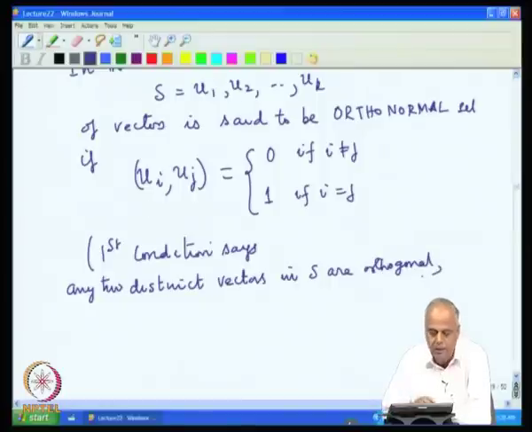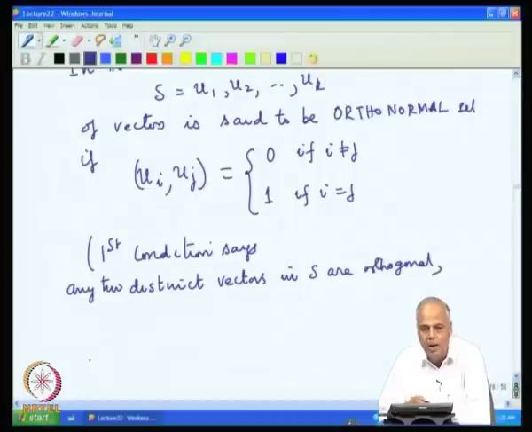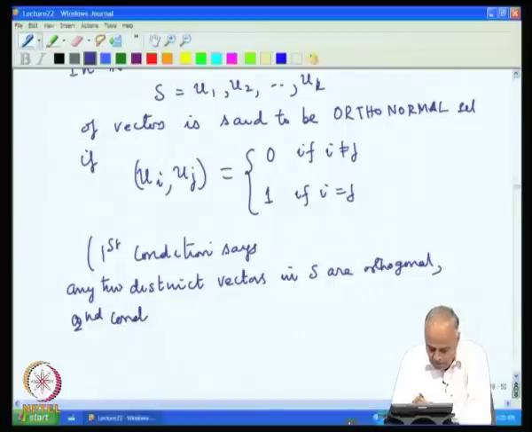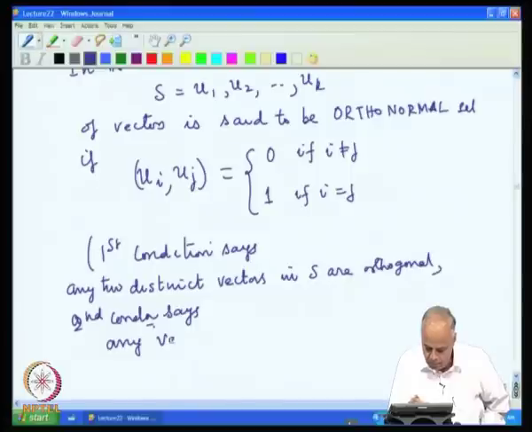The second condition says if we take a vector and take the inner product with itself, we get the square of the norm, and the norm is 1. The second condition says that any vector in S has length 1.